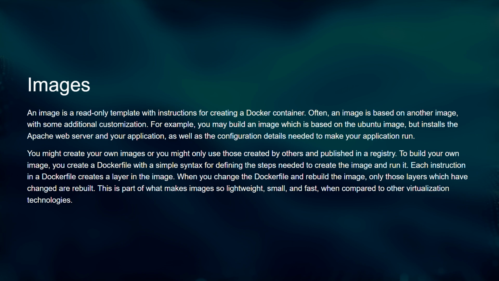When you change something in the Dockerfile and rebuild the image, only the affected layers will be rebuilt. This is why images are lightweight and small, because it reuses the cache and reuses the layers.